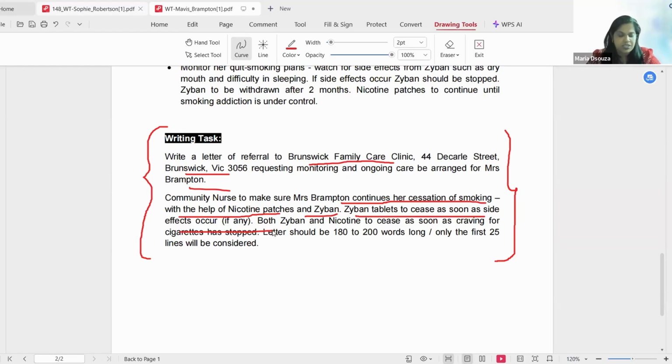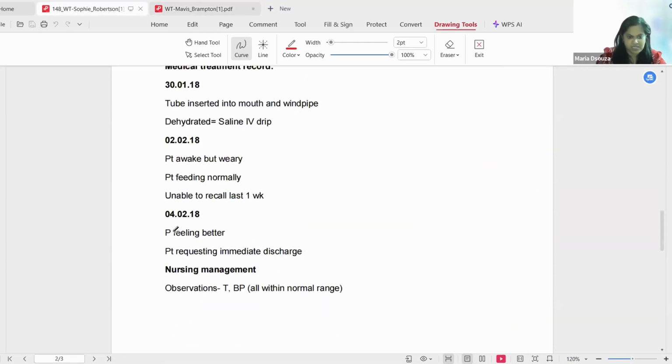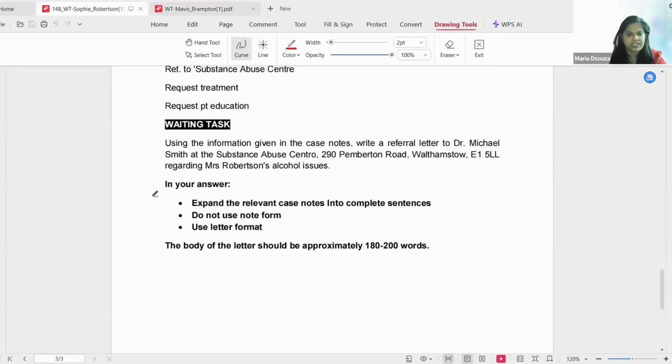You should understand that some information will be given, like just write what is required, and the medical history or past medical history, something like that. It will vary. I will show you another letter with the writing task alone. It says, using the information in the case notes, write a referral letter. It's about substance abuse. You're writing to a substance abuse center regarding alcohol issues.